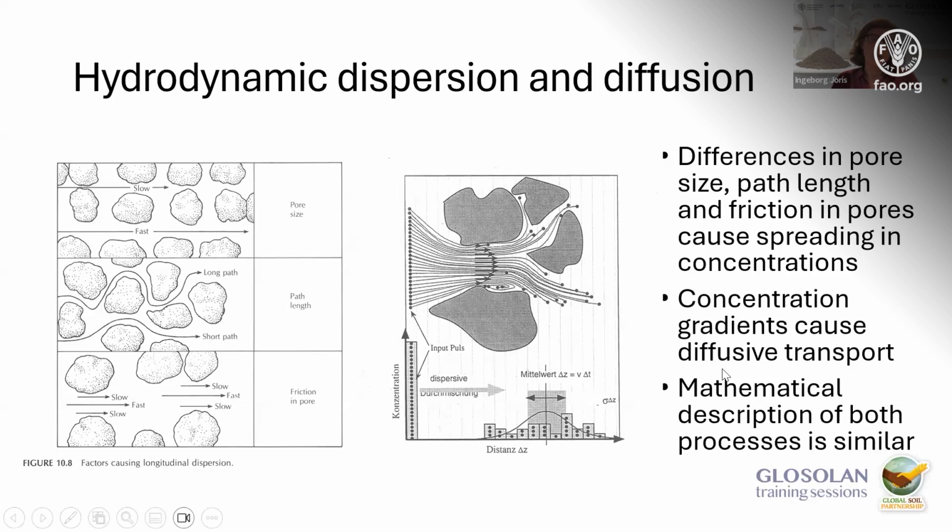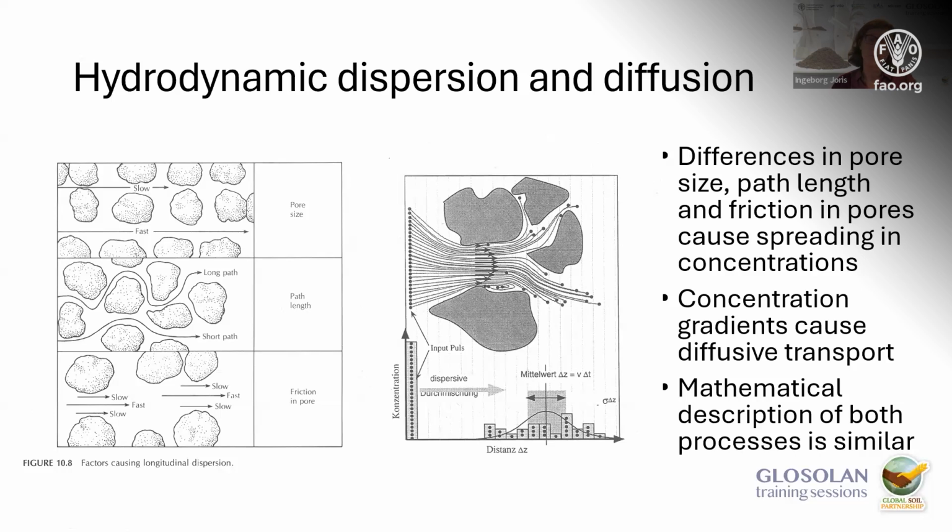Another process that occurs: because of the dispersion, you will have zones with higher and lower concentrations, sometimes close to each other. Differences in concentration will cause solutes to go from zones with high concentration to low concentration.